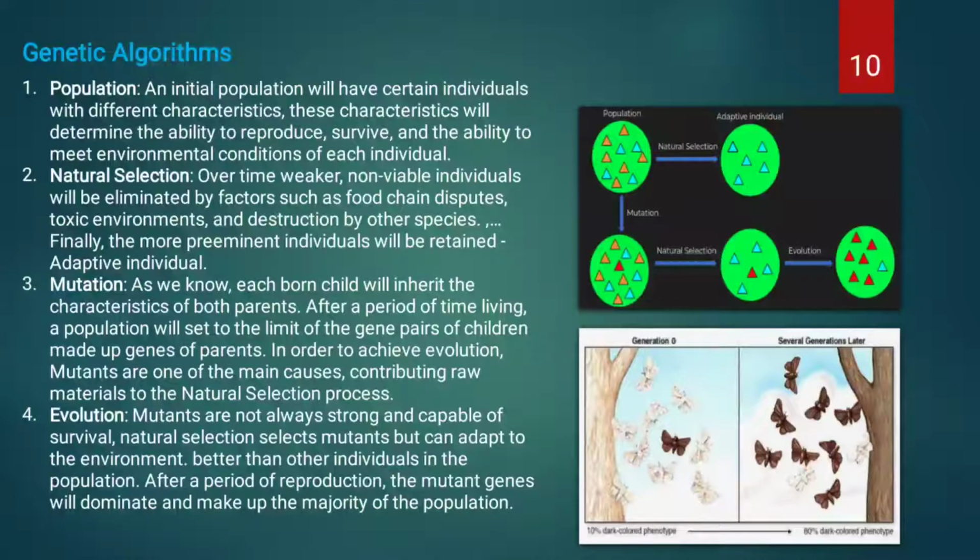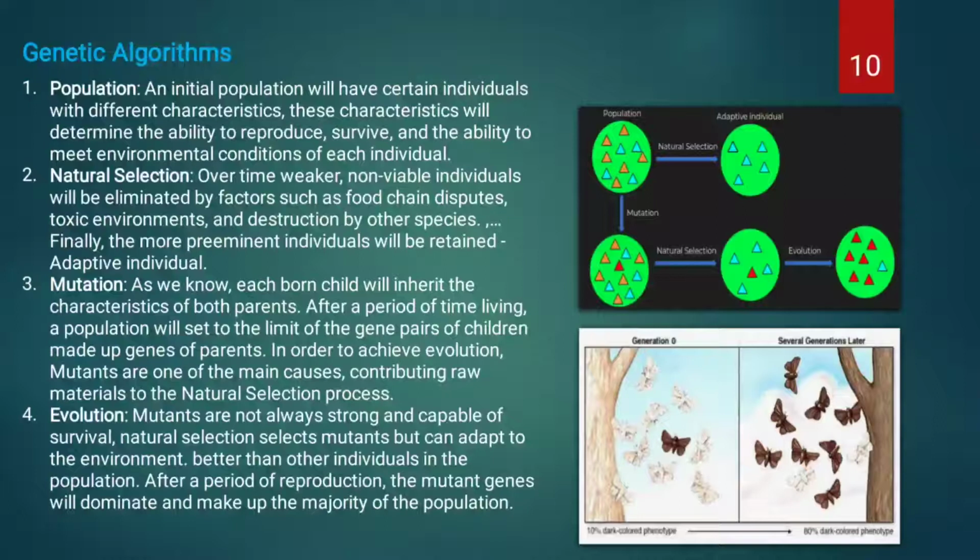Mutation: as we know, each born child will inherit the characteristics of both parents. After a period of living time, a population will reach the limit of the gene pair, with the children's genes made up of the genes of the parents. In order to achieve evolution, mutants are the main cause, contributing raw material to the natural selection process.